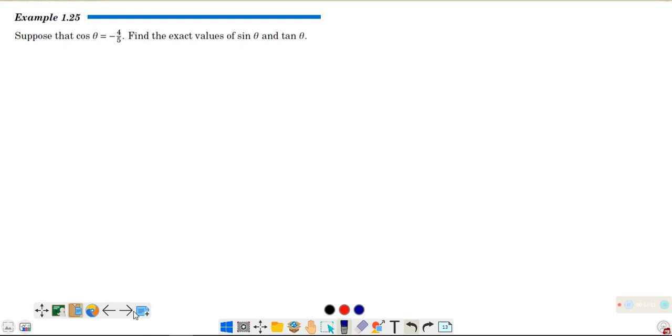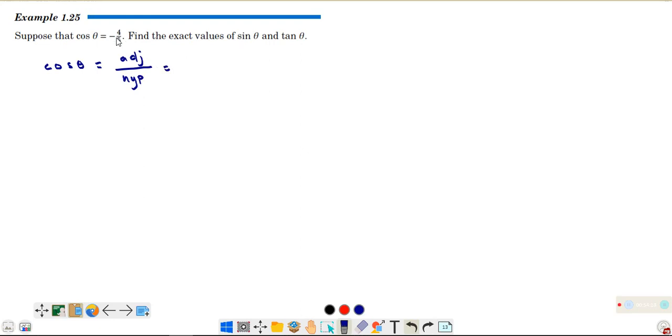Suppose that cosine theta is equal to negative 4 over 5. Find the exact value of sine theta and tangent theta. Gamitin natin yung knowledge natin from earlier. So, kapag meron kang cosine theta, that is equal to the adjacent over the hypotenuse.